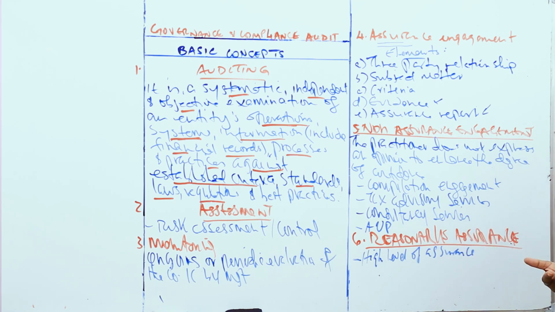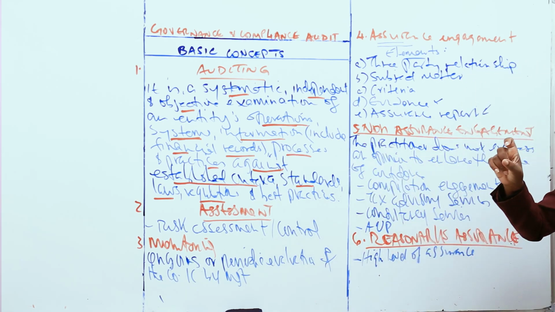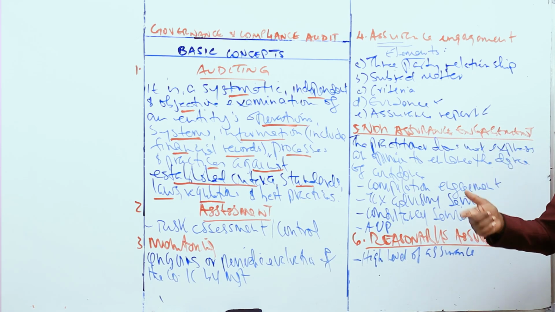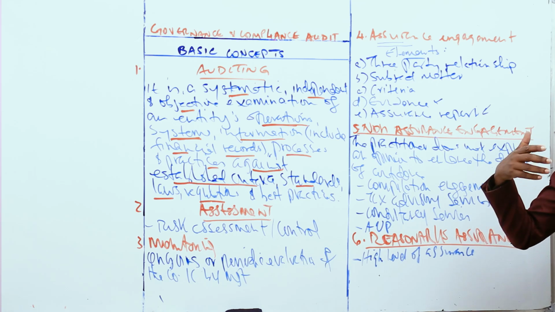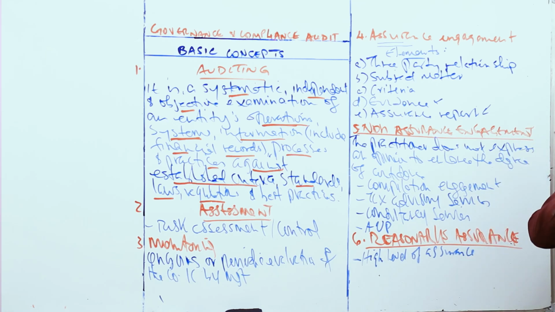It implies that the auditor has conducted the audit with due professional care, applying auditing standards, and has gathered enough evidence to form a positive conclusion. However, it does not guarantee that the financial statements are 100% accurate or free from all misstatements due to the inherent limitations of an audit.